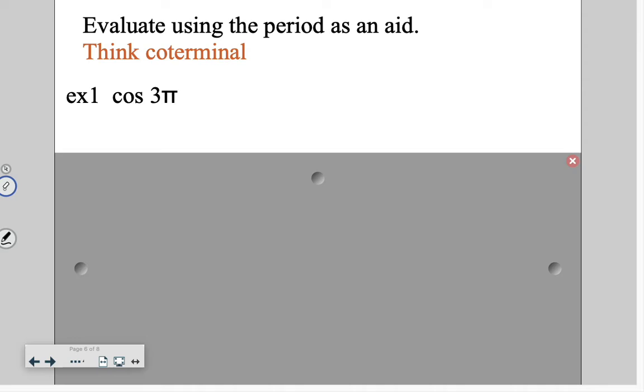Evaluate using the period as an aid, knowing that 2 pi is your period for sine and cosine. And like I said, we're trying to think coterminal. Where would I end up? Can anybody tell me what the cosine of 3 pi is the same as? Cosine of pi.